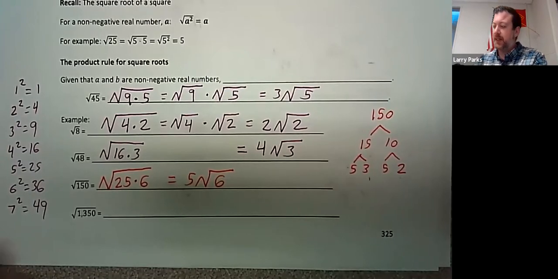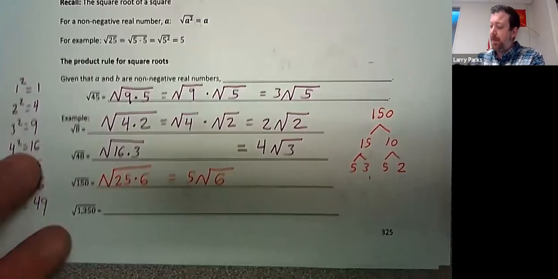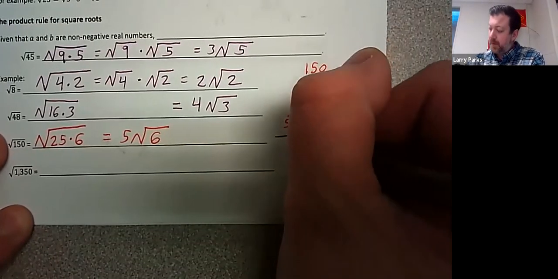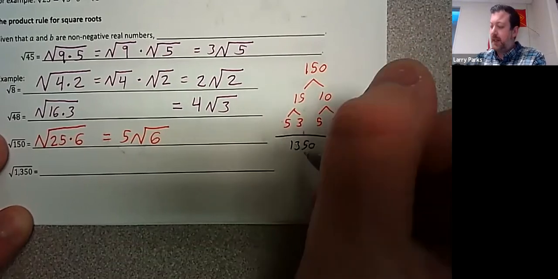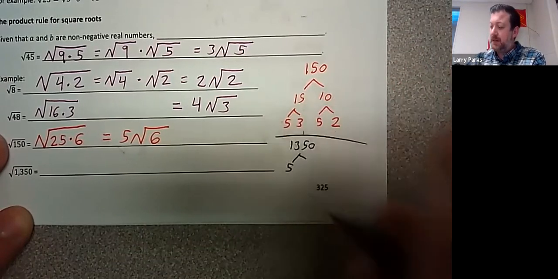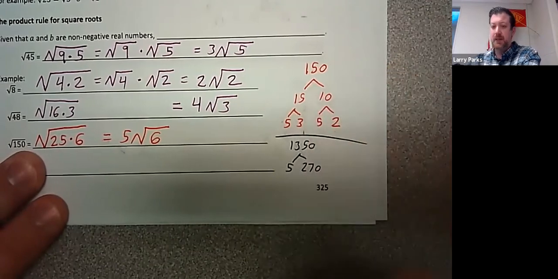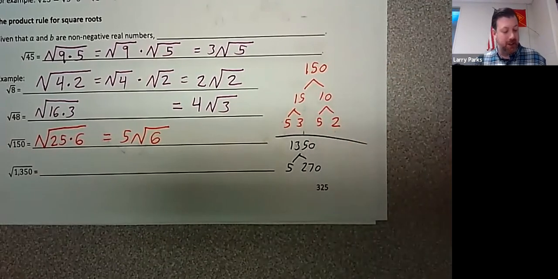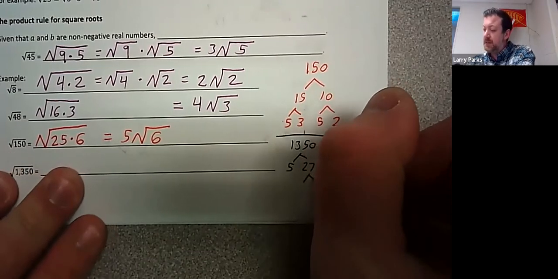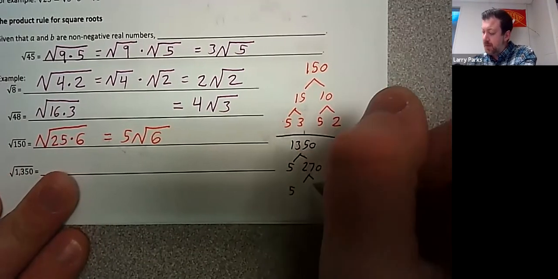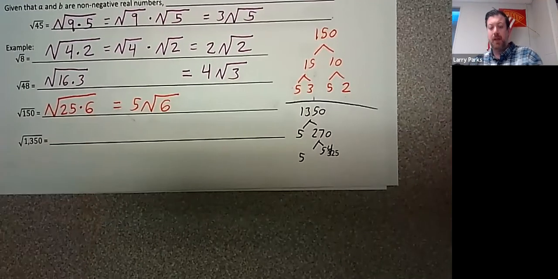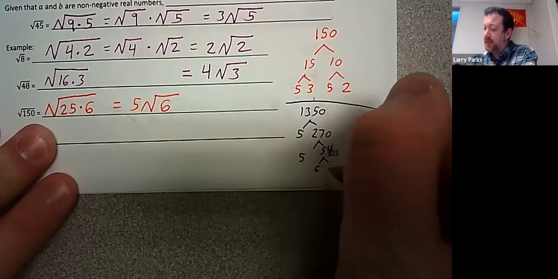Same thing here, 1350. Let's see. I know it's divisible by 5. If I take 1350 divided by 5, that's 270. And then if I take 270 divided by 5 again, that's 54. And then I can take 54 divided by 3, that's 6 and 18.